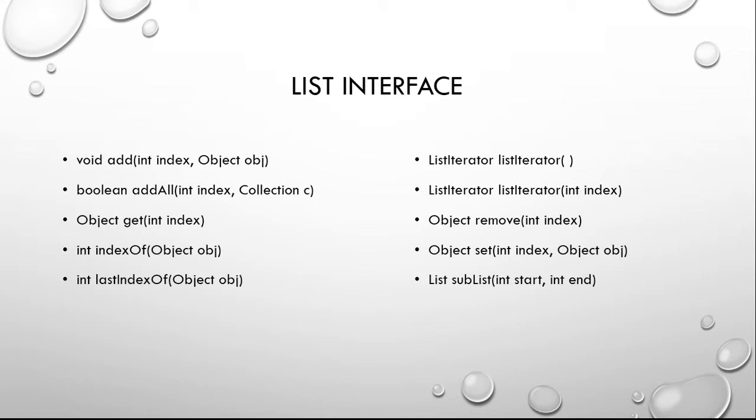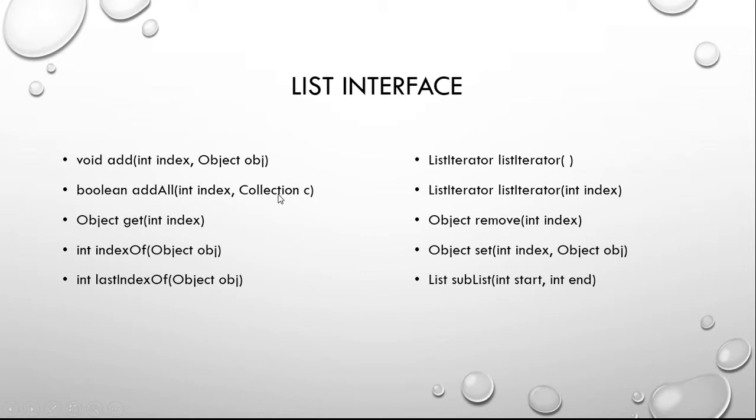In addition to the collection interface, the list interface also provides some more methods, some more functionality specific to the list. Here we have the add method along with the index. So we can add an object at a particular index which we can control, so that we can control the order in which we are inserting, and also the order in which we can retrieve it.